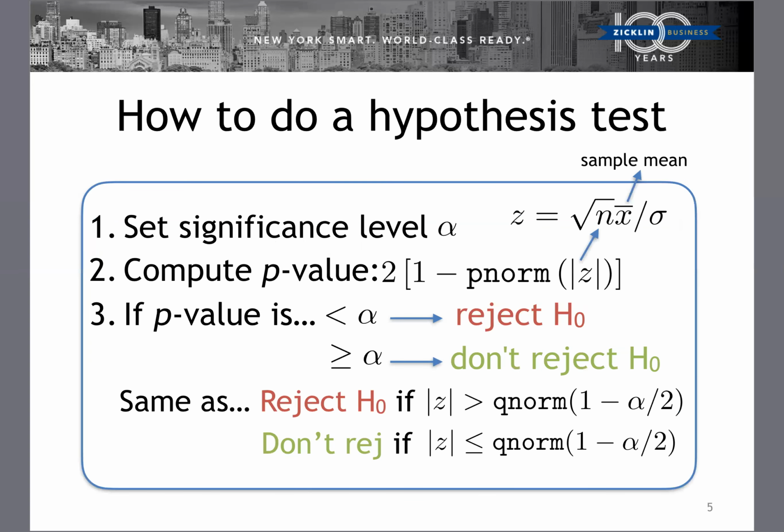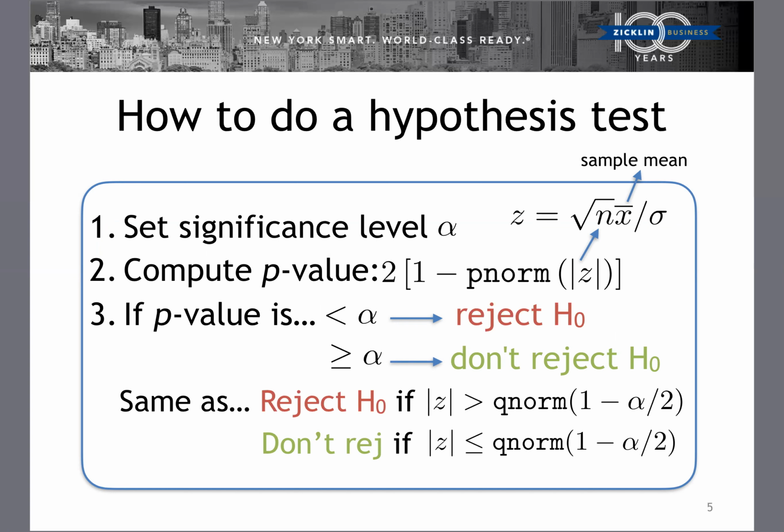In this particular example, you could do hypothesis testing using a recipe of 3 steps. The first step is setting a significance level, which we usually denote alpha. Usually this value is equal to 5%. You've probably seen this one before.